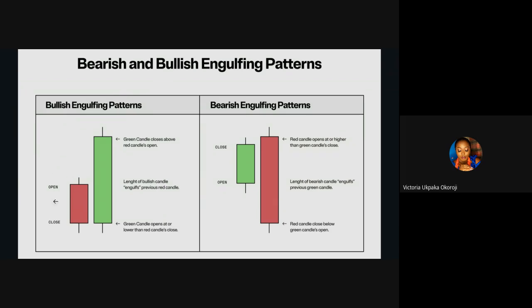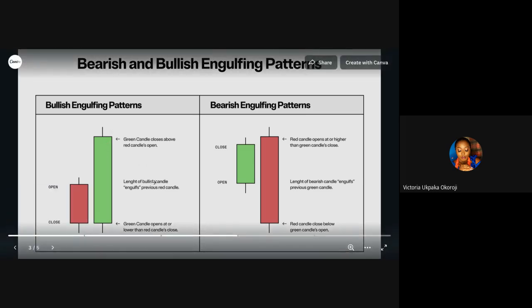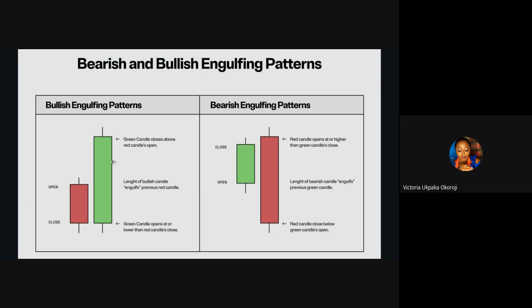So now, when you see two candles beside each other, like this red and a green, the red is short and the green is high. So it's engulfing. It's showing you that the market is about to be bullish.